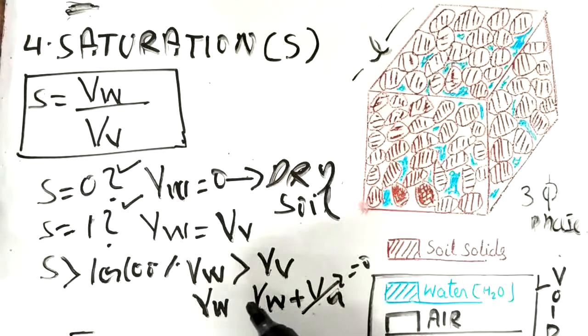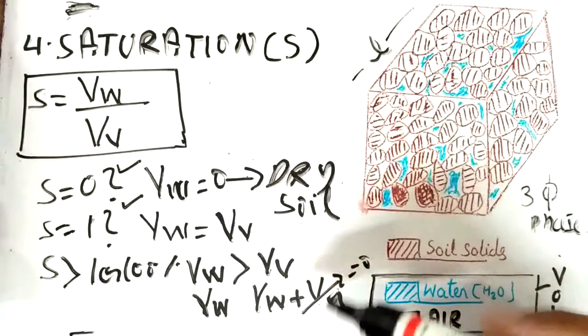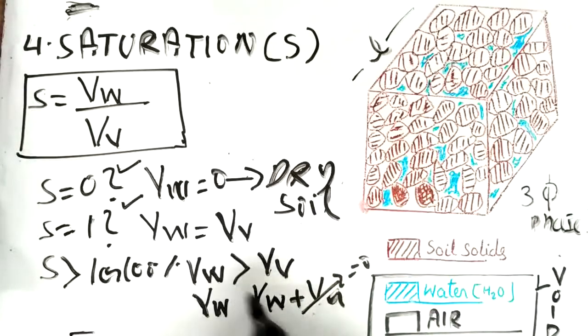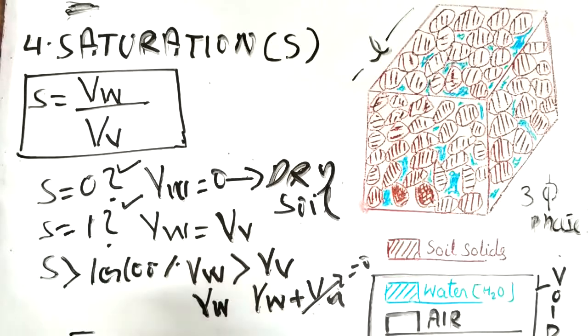In the simpler case where air is present, my RHS will always be greater than my LHS because something is added. So this condition is not possible, that is, saturation cannot be greater than 1, or 100%.